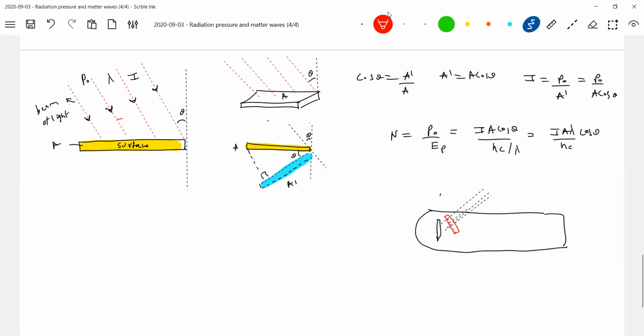It should increase, no? Make theta 0, and the radiation will be incident normally. If theta increases, the number of photons incident will decrease. So in the photoelectric cell, instead of keeping the emitter vertically, let it be oriented normal to the incident beam.